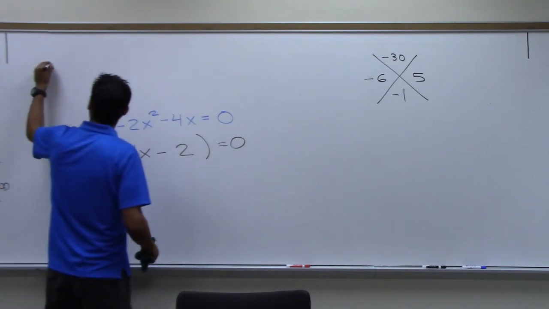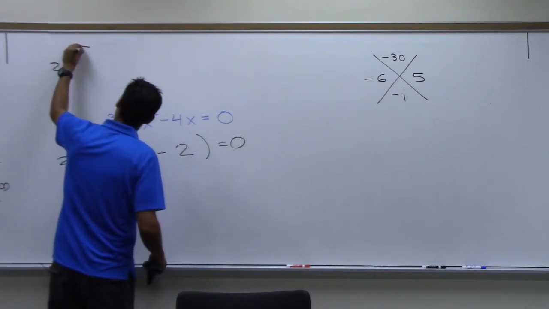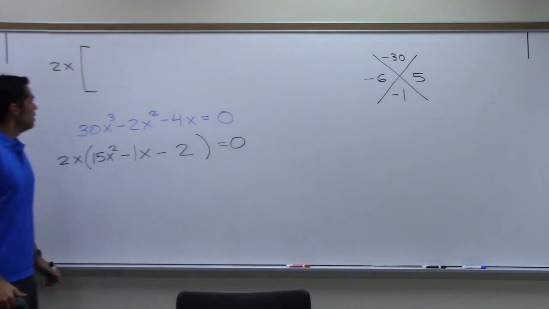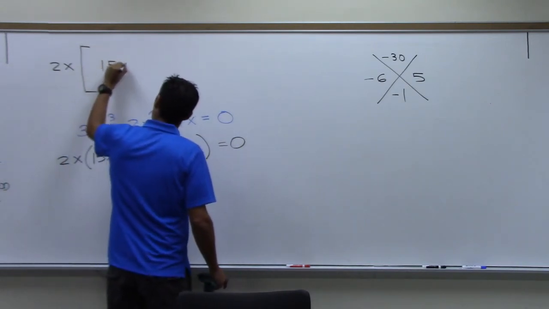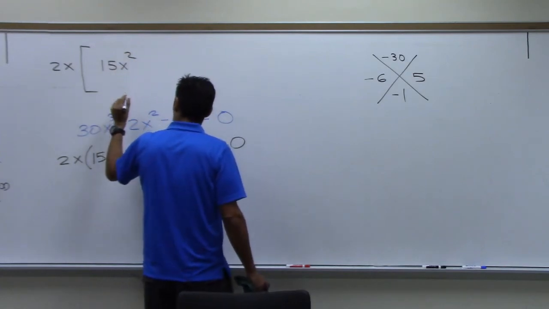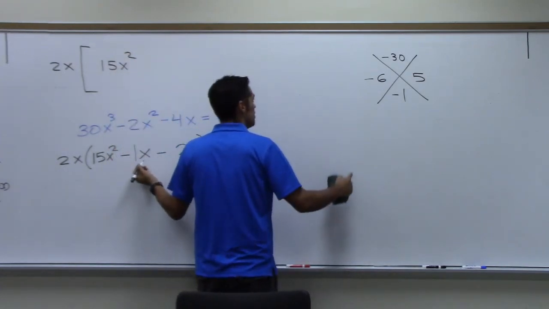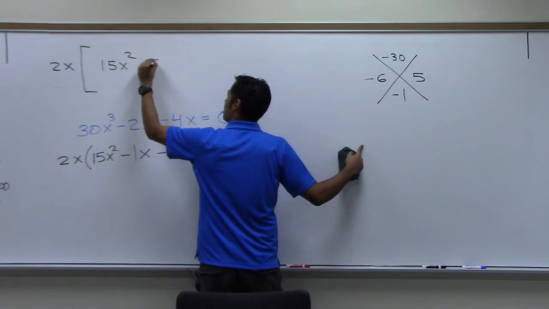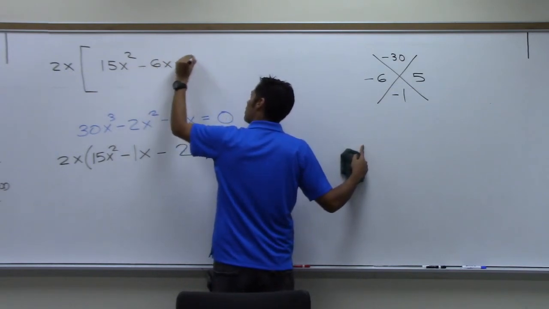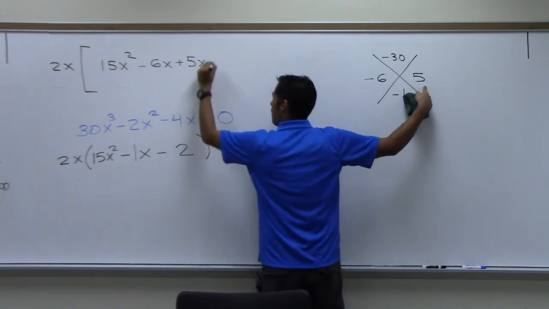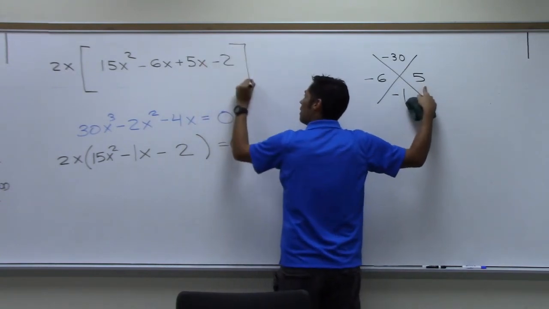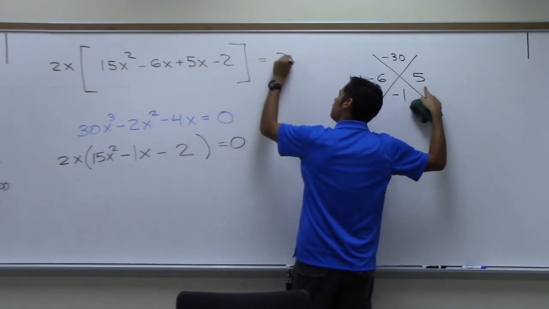I'll do this one with brackets just so you can see it. 2x is on the outside. Then I'm going to rewrite the 15x squared as 15x squared. Instead of minus 1x, I'm going to put minus 6x plus 5x. It's using these 2 numbers. And then minus 2, and then I'll close my bracket off, equals 0.